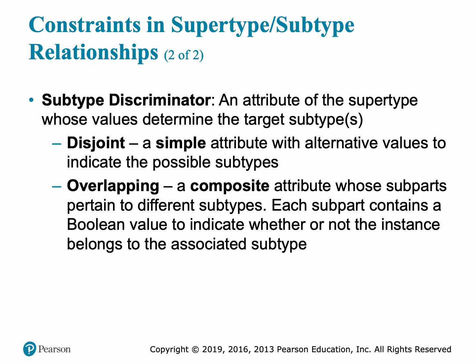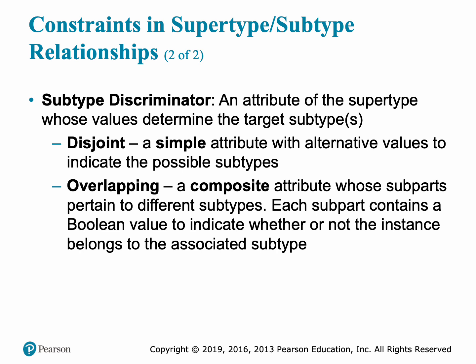For disjoint, a simple attribute with alternative values to indicate the possible subtypes. For overlapping, a composite attribute whose subparts pertain to different subtypes, each subpart containing a Boolean value to indicate whether or not the instance belongs to the associated subtype. So hopefully this is giving you some decent idea.